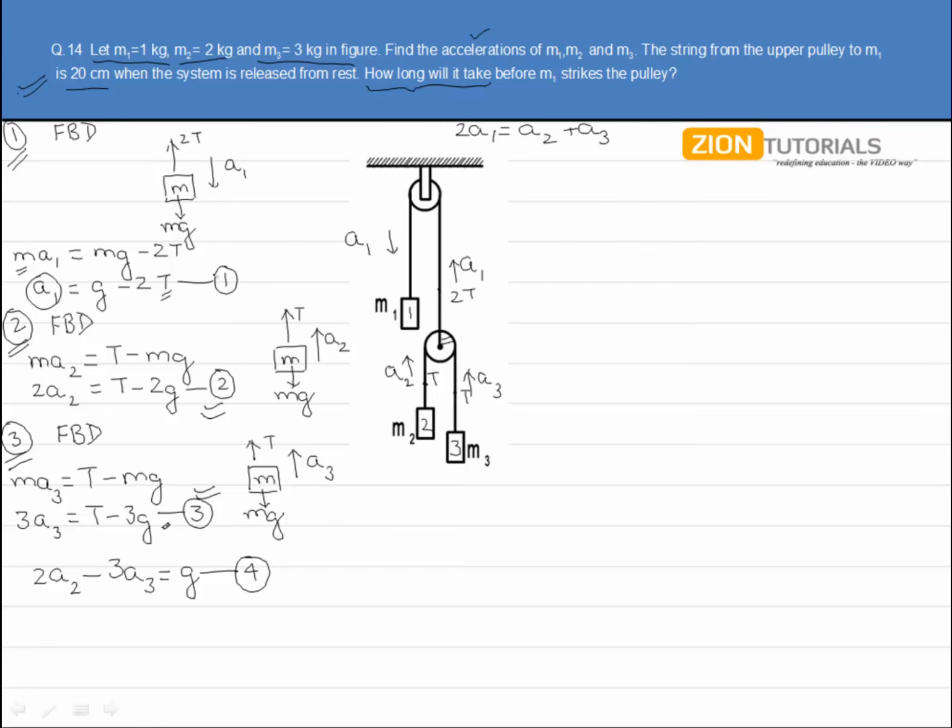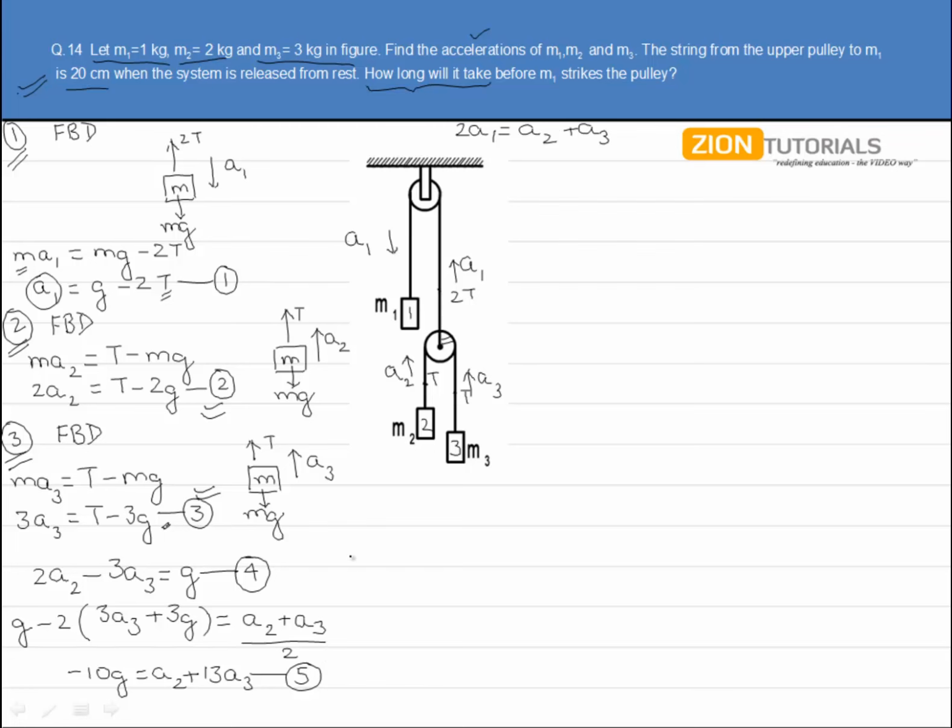So let us put all these values into equation number 1, that is g minus twice (thrice a3 plus 3g) equals (a2 plus a3) over 2, which gives us the equation minus 10g equals a2 plus 13a3, marking this as equation number 5.